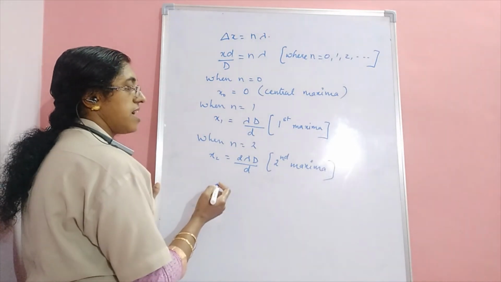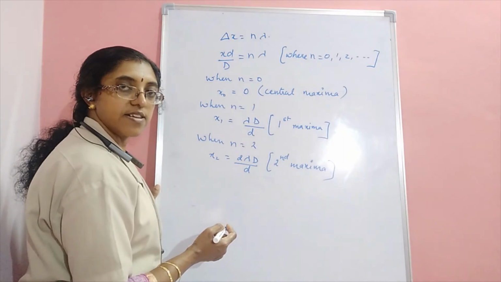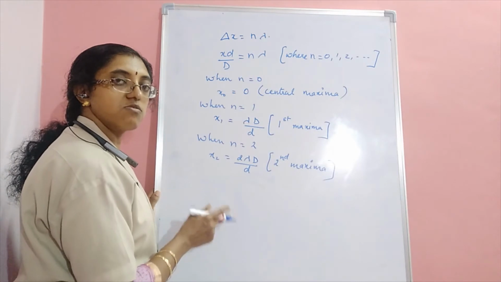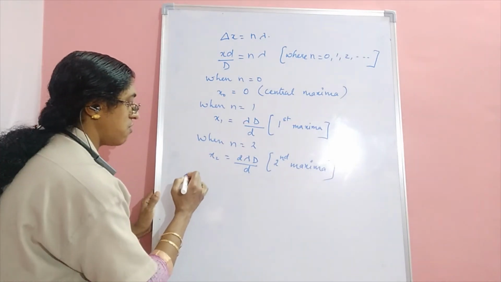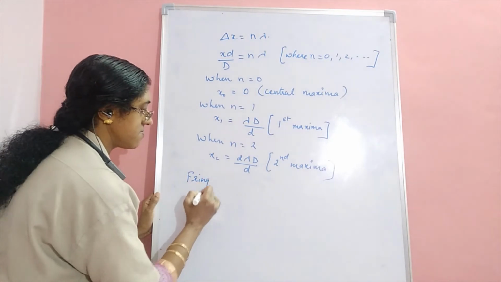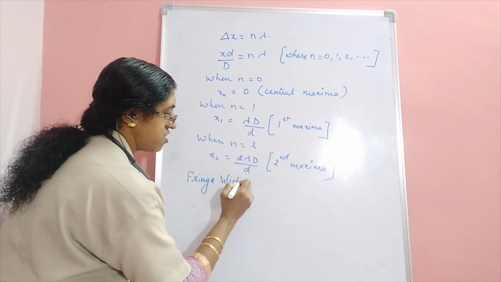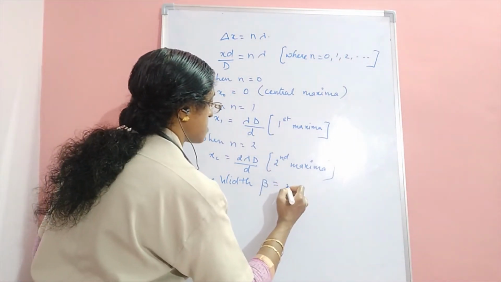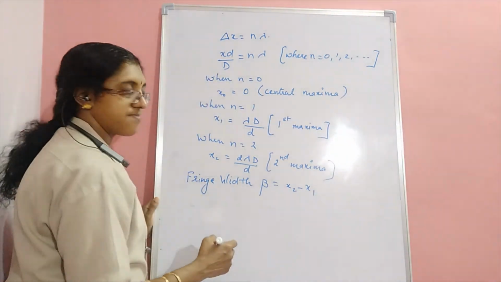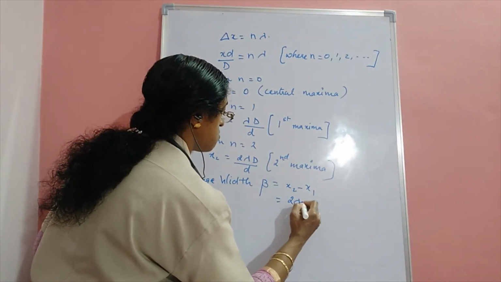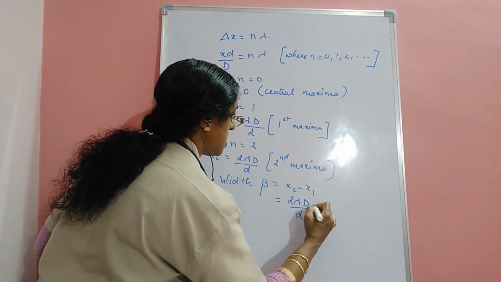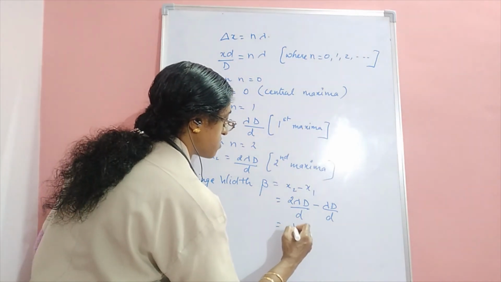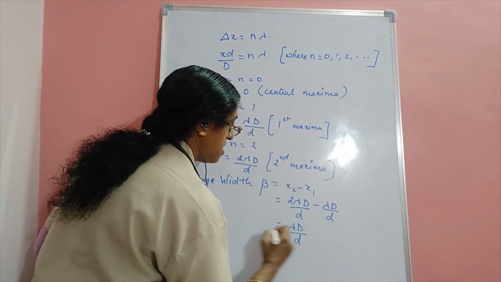Now, when I want to find out the fringe width, that is the distance between two consecutive bright fringes, fringe width, which is denoted by beta, is equal to x2 minus x1, which is equal to 2 lambda capital D by small d minus lambda capital D by small d, which would be equal to lambda capital D by small d.